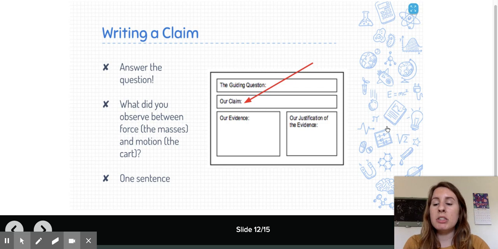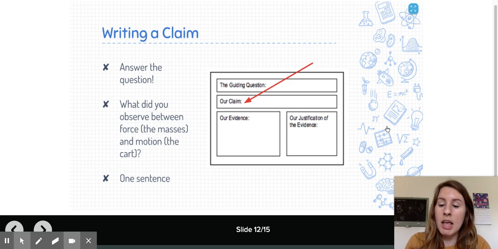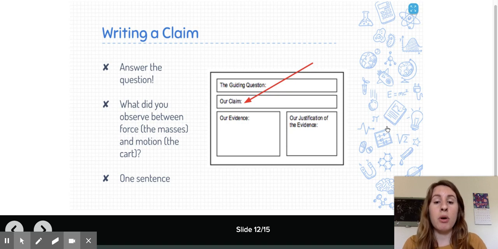So when you're answering the research question for this particular investigation, you have to include mass, because we directly changed mass. So how did we change the force? Well, we had to directly change the mass of the hanging weights, and that indirectly changed the force. So we changed the mass, and therefore we also changed the force acting on the weights and the car.